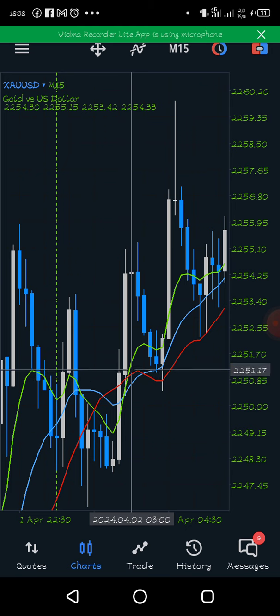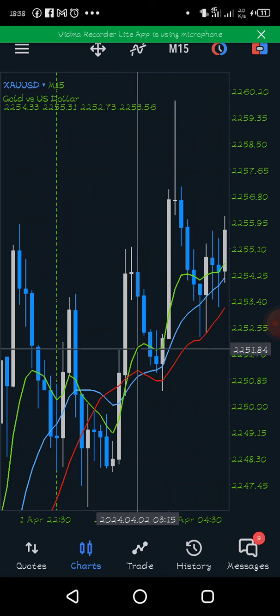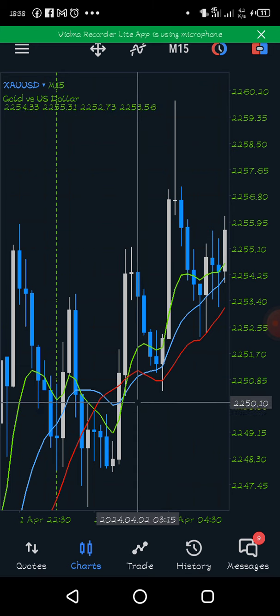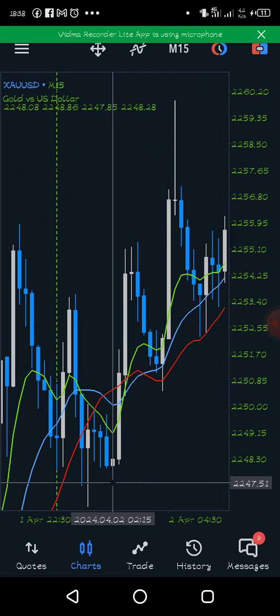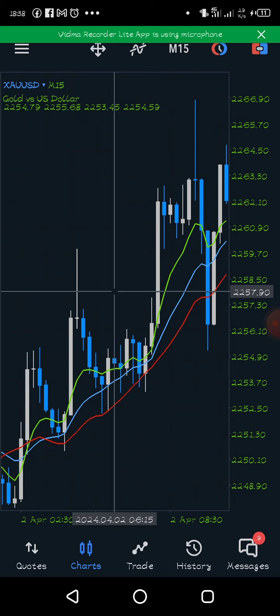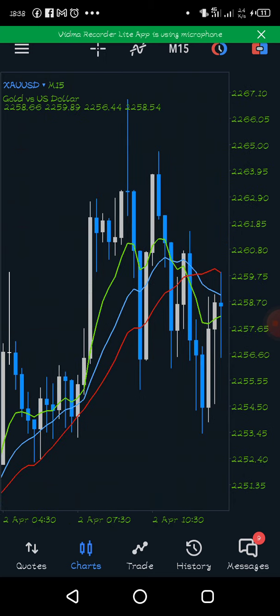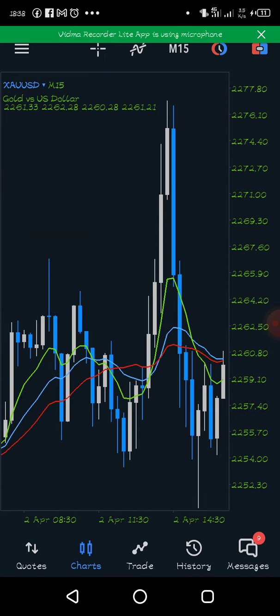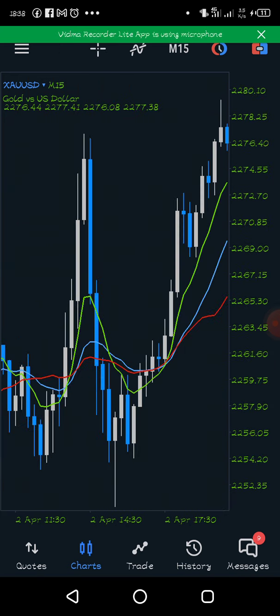Exactly, this is where you should take your trade at this point. Then stop loss at the previous low. Then you can see what the market does. It went up, and when you're closing your trade, it's going to be around this candle here. As easy as that.